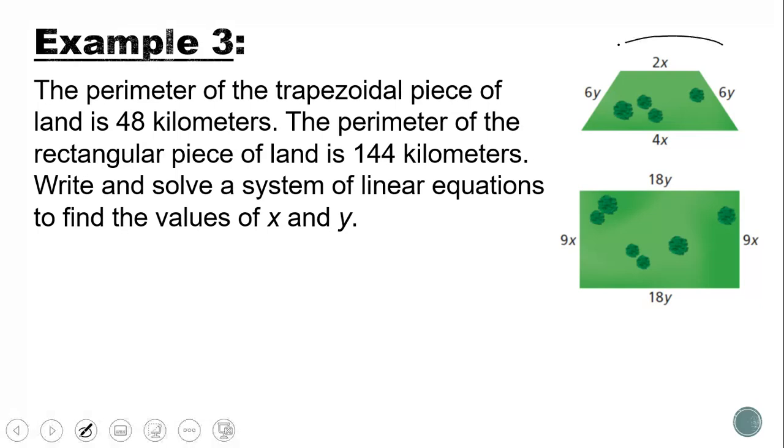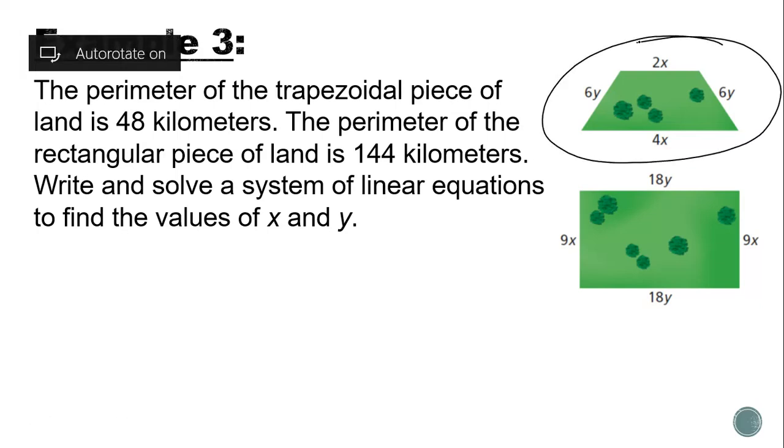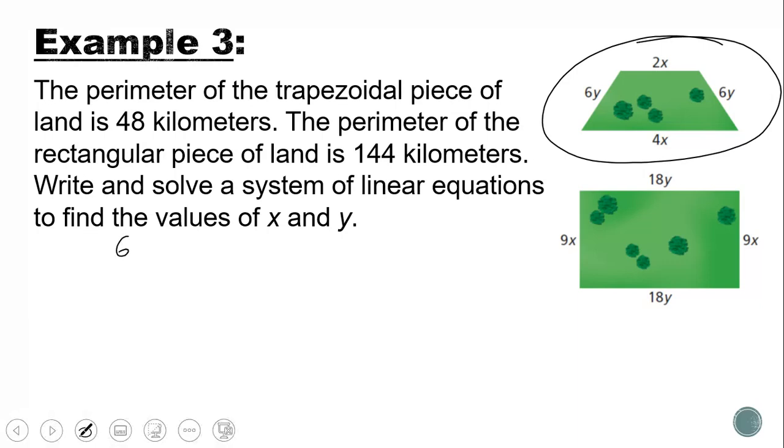So if we look at our trapezoid piece right here, let's write our equation for our perimeter. Remember, perimeter is just the sum of all the sides. So in this case here, the sum of the sides would be 6y plus 2x plus 6y plus 4x is equal to 48.